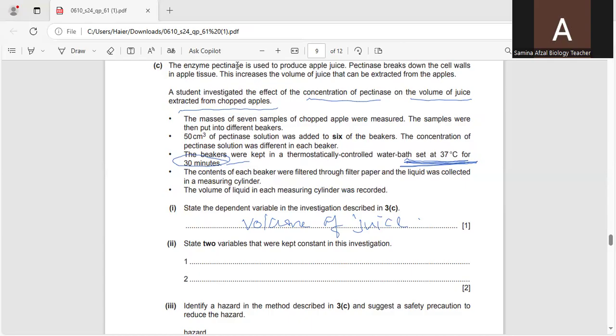State 2 variables that were kept constant in this investigation. I already told you above when we were reading the question that there were two variables kept constant. The temperature was kept constant, that is 37 degrees centigrade, and the time was also constant, which was 30 minutes for all of these.